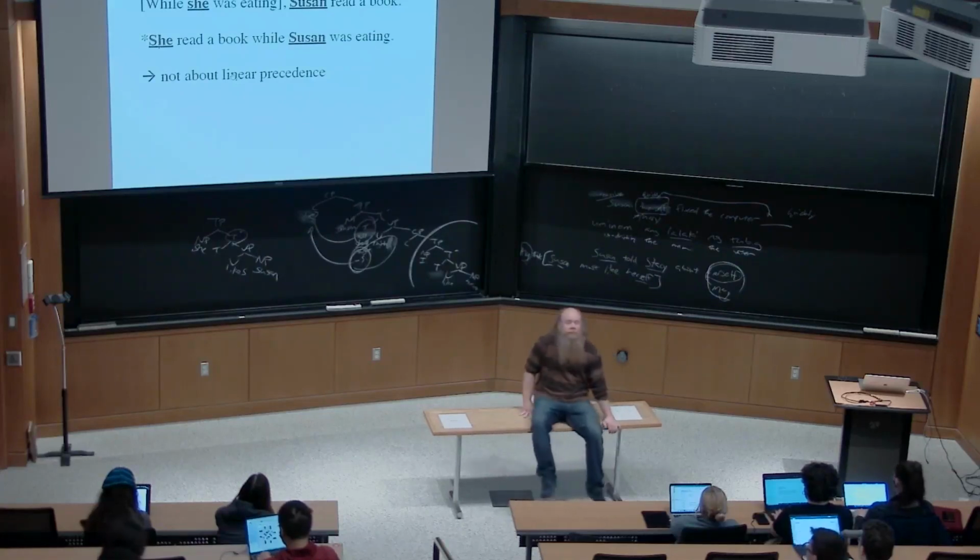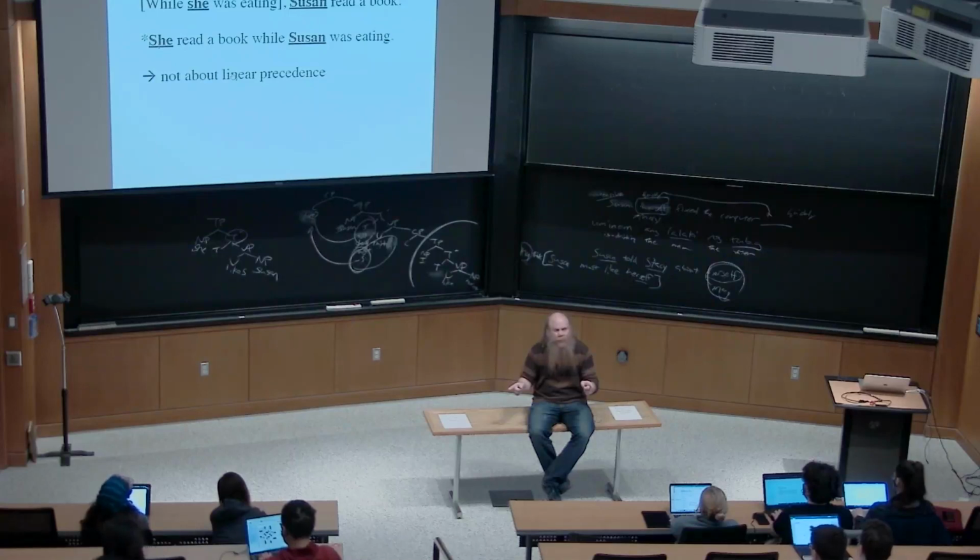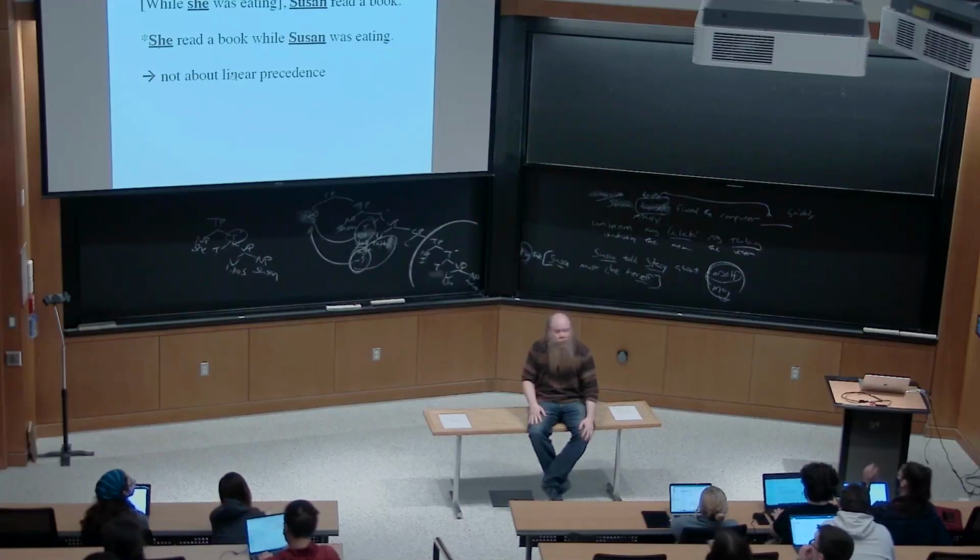You may have picked up on this. Even I think it would be easier for me to get a computer to figure out which thing linearly precedes which other thing, than it would be to get a computer to figure out which thing c-commands which other things. And that's a much more complicated task, it seems to me. Not that I know anything about this stuff. And yet, all of us go for the more complicated task. We're built that way. We can't help it. So language doesn't care which thing precedes which other thing. It cares which thing c-commands which other thing. Always, in every language, over and over again.